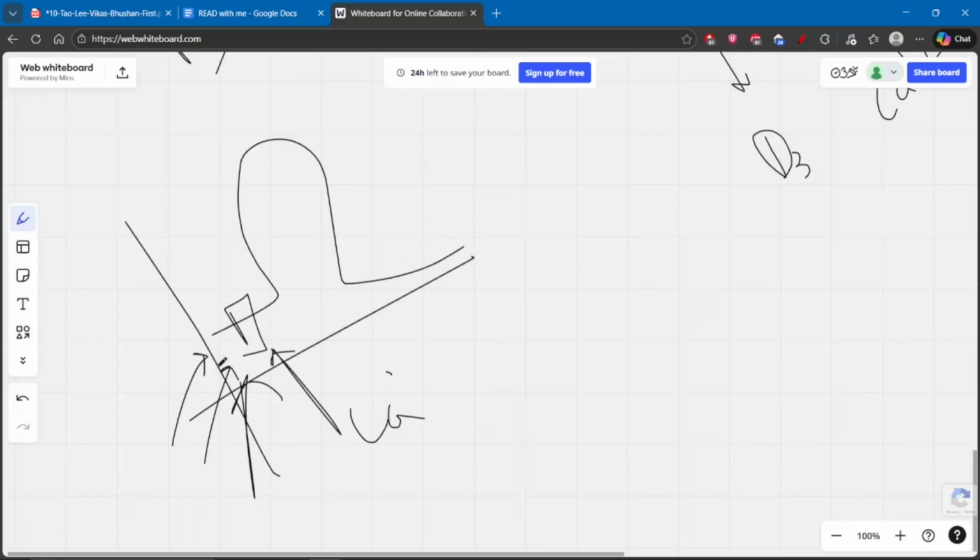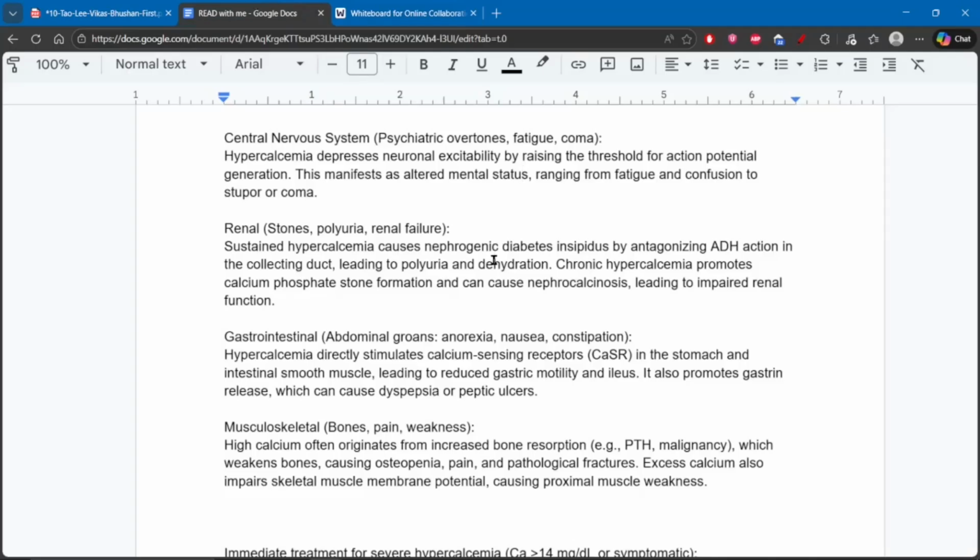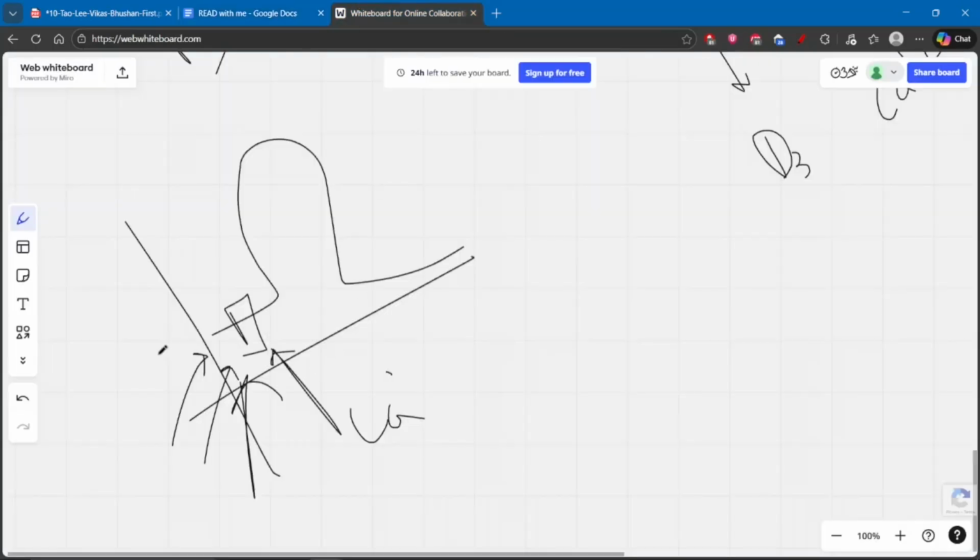What happens is that physiologically there is an adaptation in neurons that causes them to raise the threshold. If it was negative 65, let's say for example, this raises to negative 75, right? So now you need a lot more calcium to go and stick to the channel to generate an action potential.